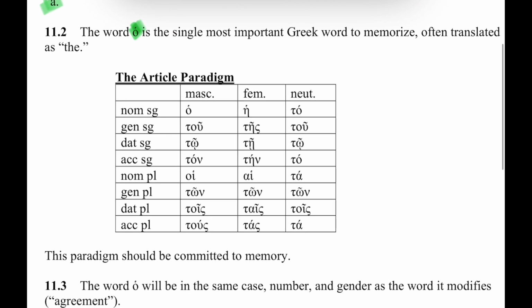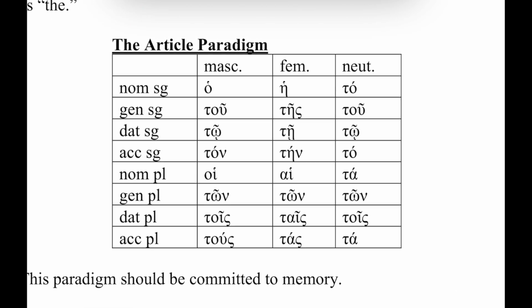So this is the article paradigm. You can see the way this is organized here. We have masculine, feminine, and neuter. And then we have the singulars here, and then the plurals. And then we have, I'll do these in different colors, nominative. There is genitive.